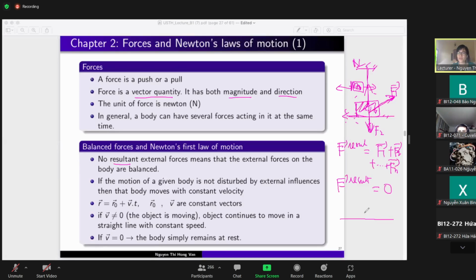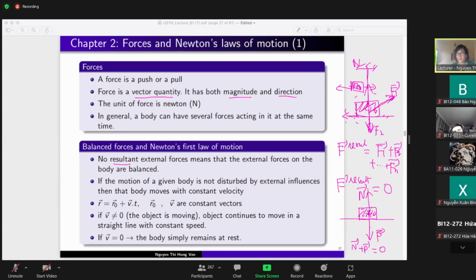For example, if I have an object resting on the table, there will be 2 forces acting on the body, the gravitational force P and the normal force N of the table on it. Later I will explain what this normal force means. But in this case, there are 2 forces acting on the body, and you have N plus P equal to 0. So it means that N and P are balanced.